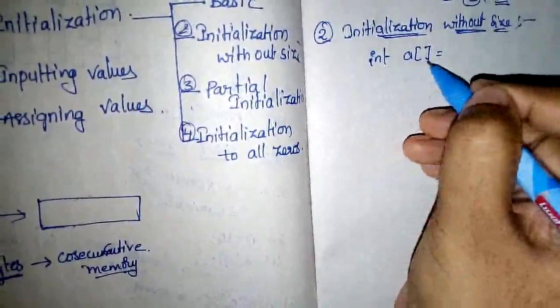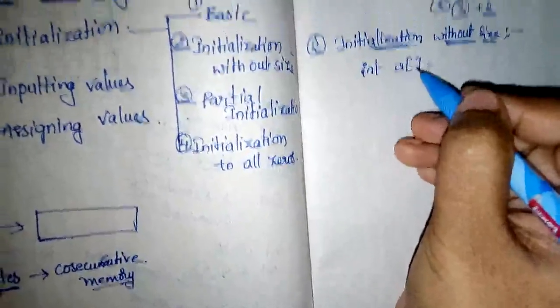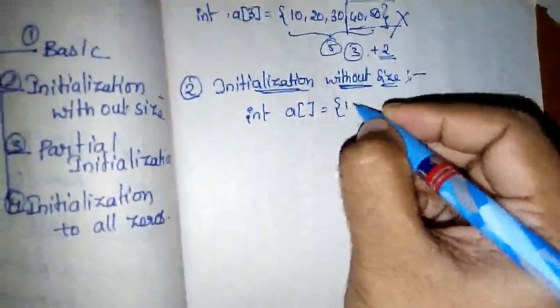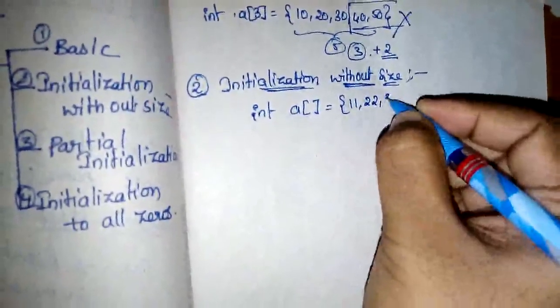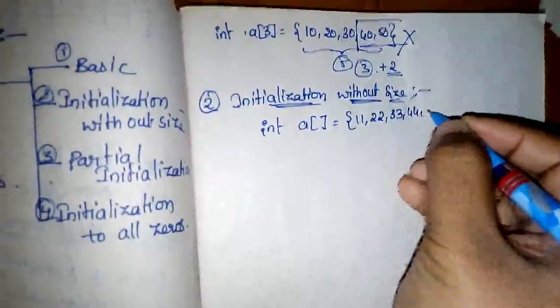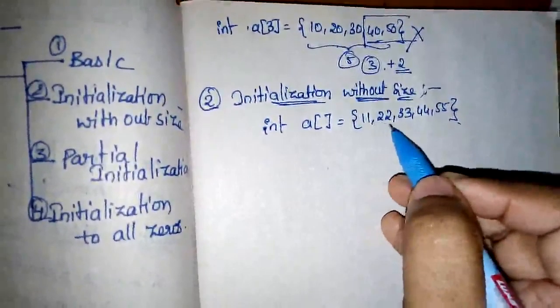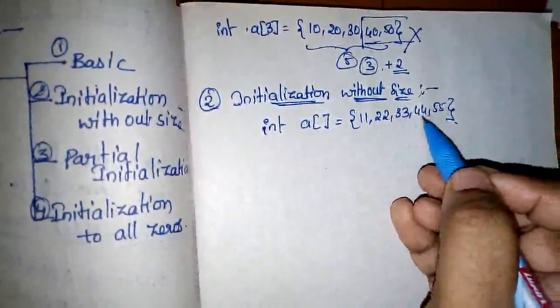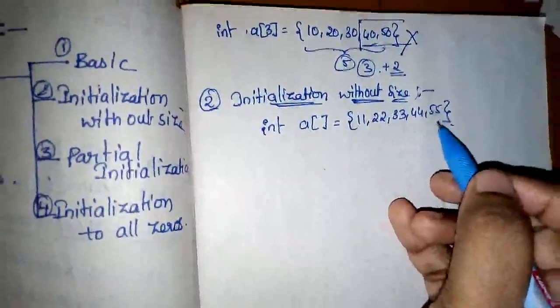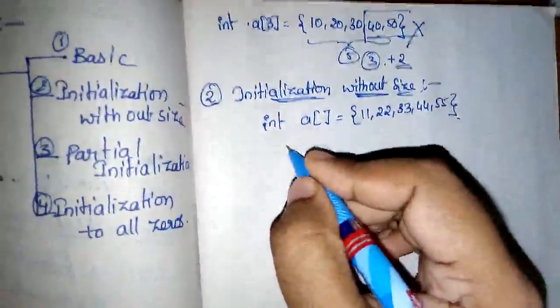So int a of, see here, I am not mentioning any size for this array, and I am assigning some values. As I initialized 5 elements here, the total size of the array will become 5.